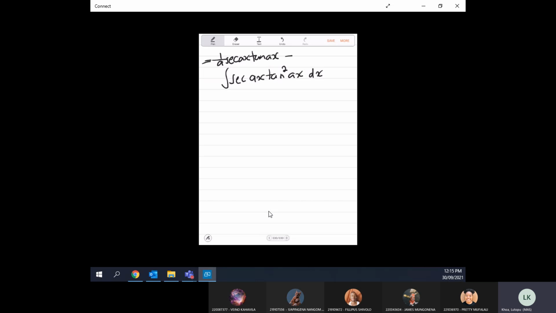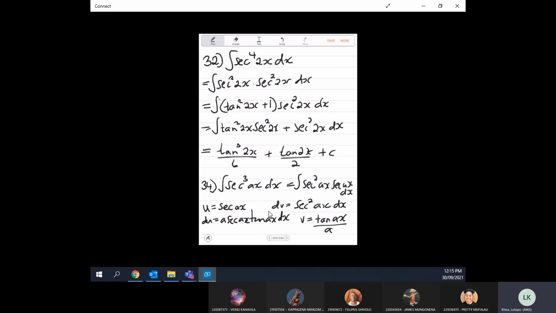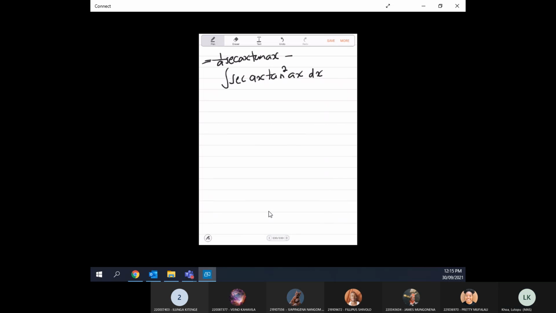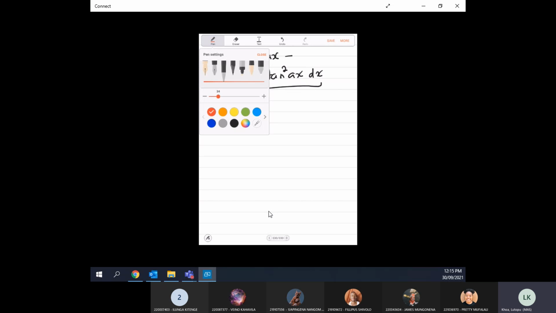Okay, then here again, I have to use by parts. I think there was an easier way to do it. Let's see, we have v times du, tan squared and then sec. For this one, to integrate that, let me do it in red here.